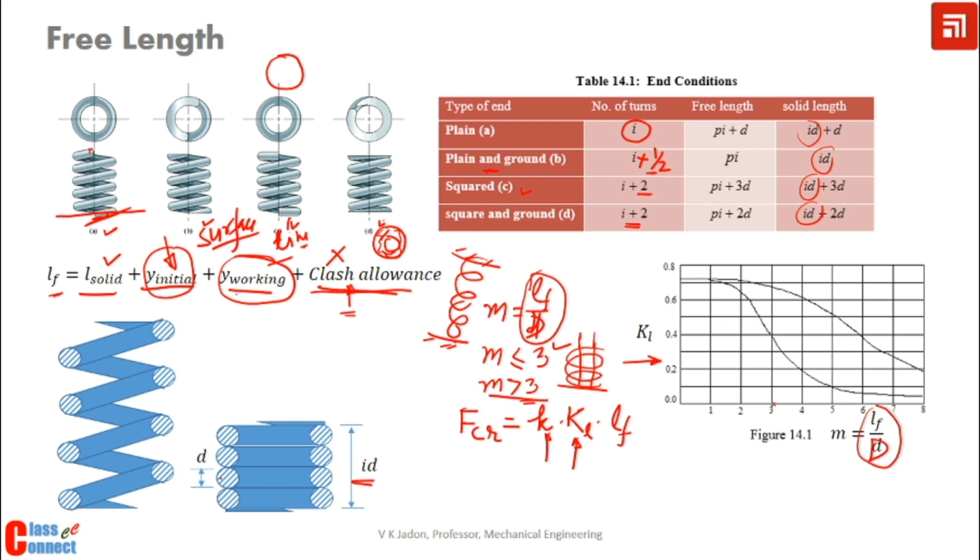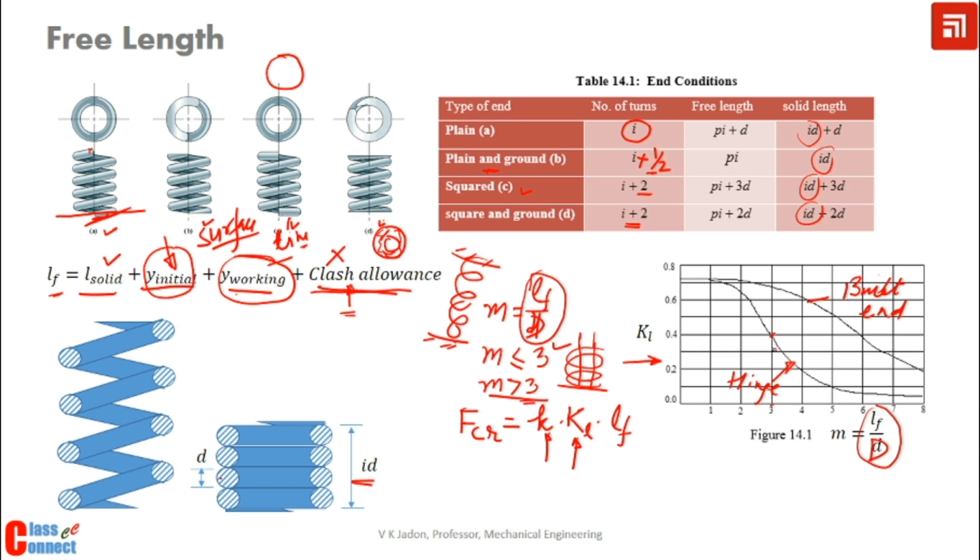For example, if we have M equal to 3, this curve is for hinge end, and this curve is for built-in end. Built-in end means it is fixed at both the ends.